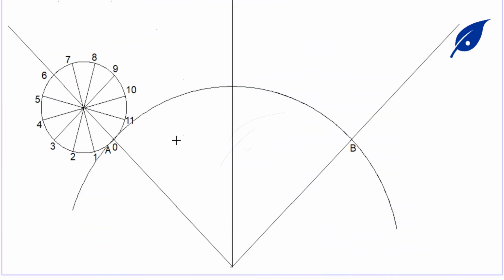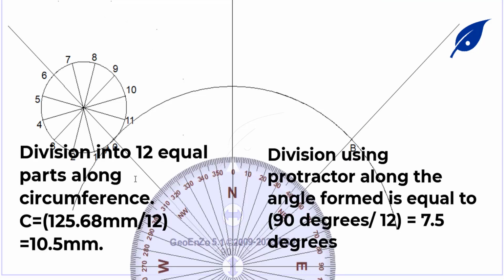Then you connect all your points, which are 12 points, and mark them from 0 to 11. Now we want to get the divisions along the base circle along which the rolling circle rolls.